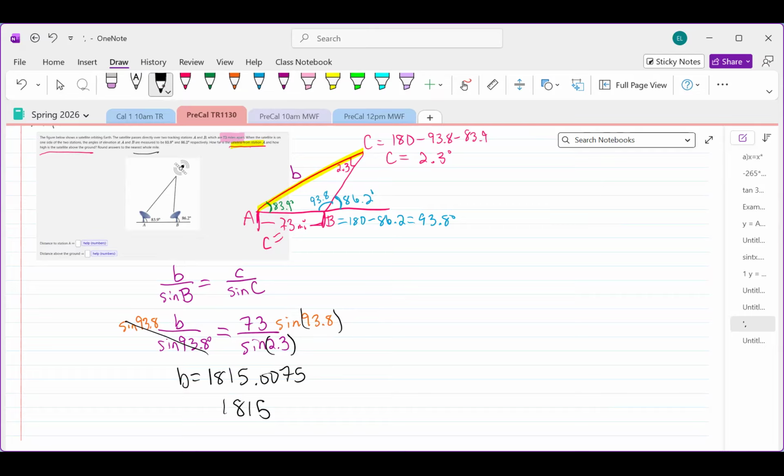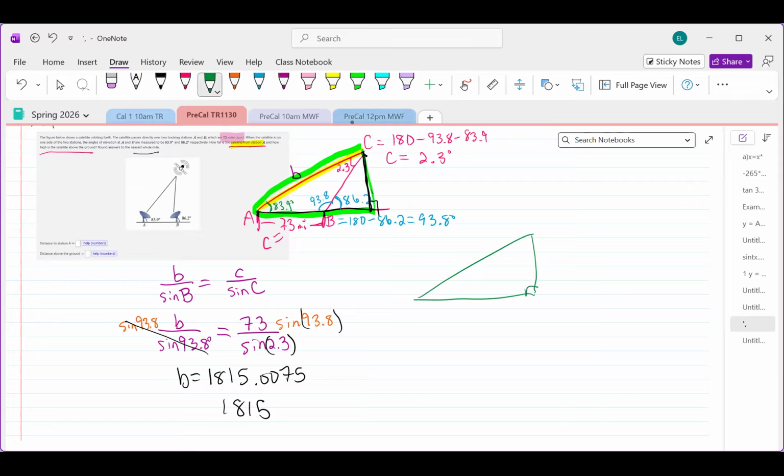Now they want us to calculate the distance above the ground. So for the satellite's distance above the ground, I'm going to sketch that into the figure. But distance is always the shortest distance, which is always a straight line that hits the ground at a 90-degree angle. So that means there is an outer right triangle here. I'm going to draw that separately.